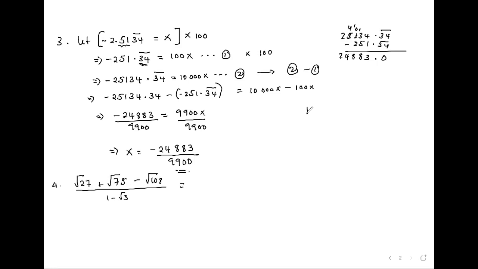The question is saying the answer must be p plus q root 3. So it has given us a clue of what must be inside the root. So you get 3 and break all the numbers on the numerator by 3.